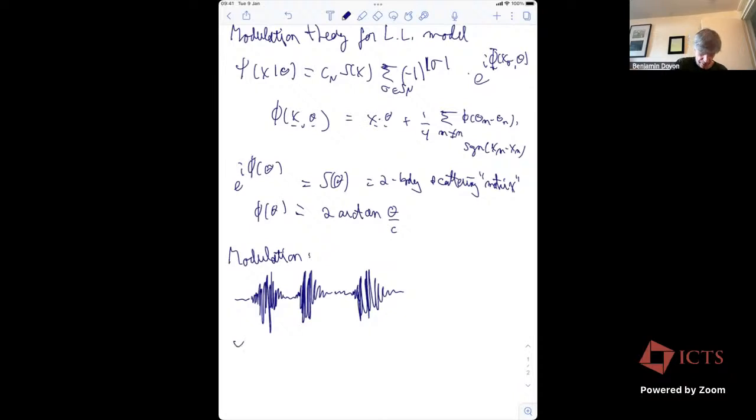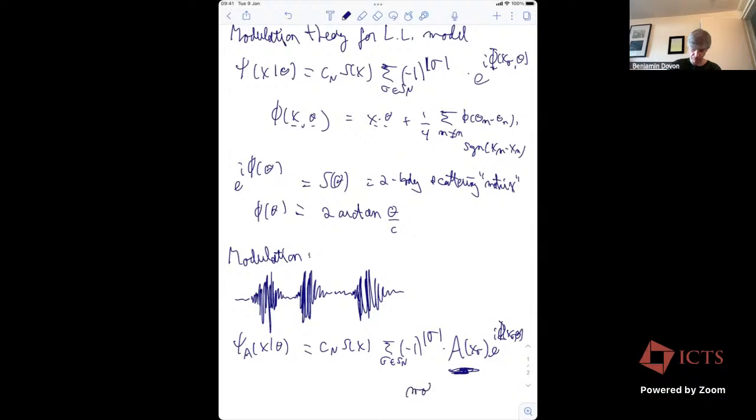So I can write psi_A of x knowing theta as being all these initial constants. I'm going to write them again, but eventually I'll stop writing them. Then instead of just putting the phase, I put a function A that depends on all these x's, and then the phase, e to the i phi. So there's this modulation function, or amplitude.